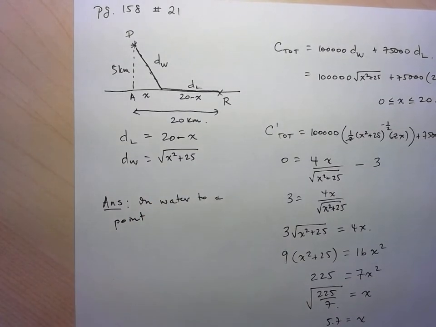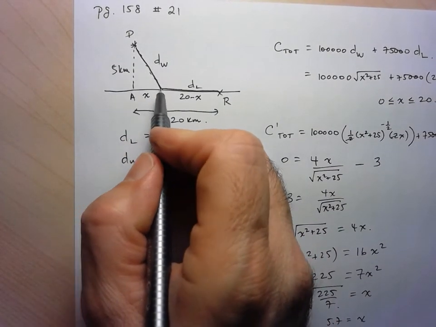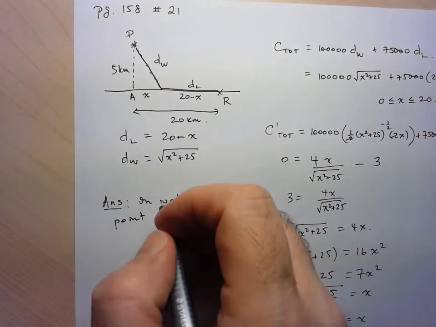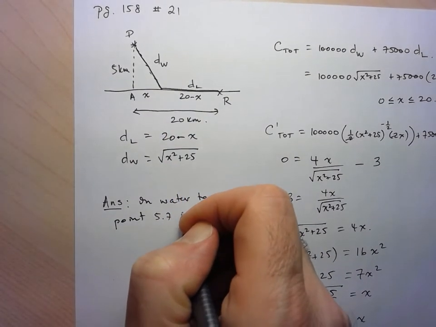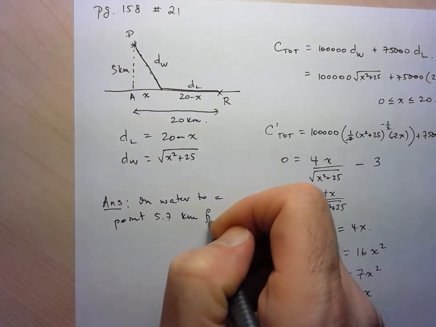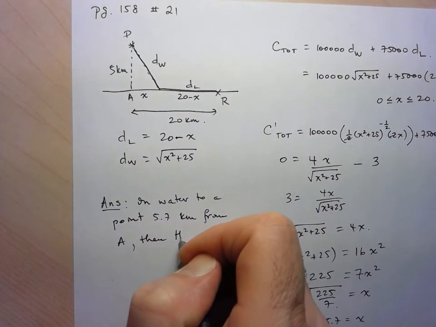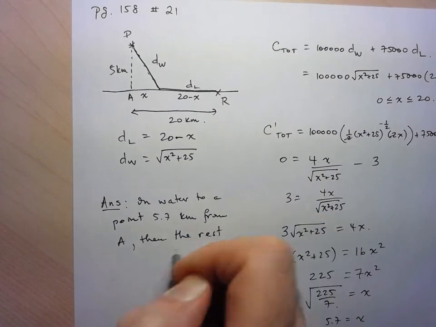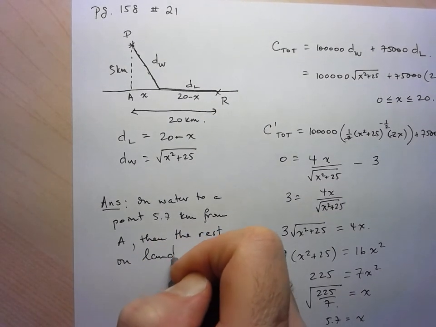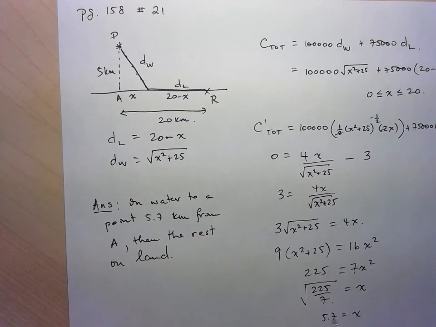Okay, so we found x was 5.7, so 5.7 kilometers from A, then the rest on land. Okay, and there you have it.